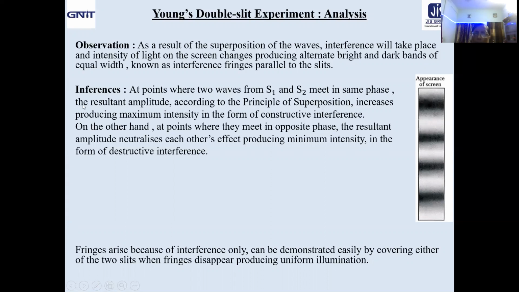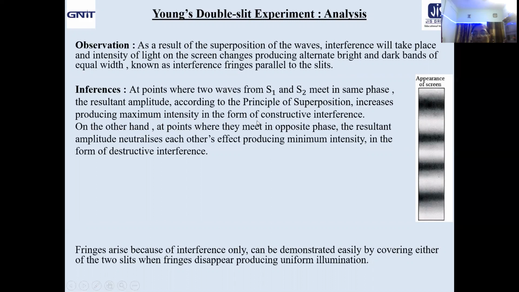Now, what about the inferences? I have already mentioned them through the diagram. Let us just take the statement. At points where two waves from S1 and S2 meet in the same phase, the resultant amplitude, according to the principle of superposition, increases, producing maximum intensity in the form of constructive interference.